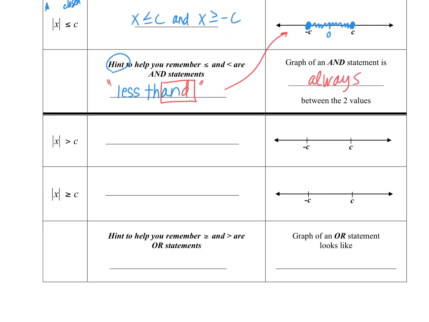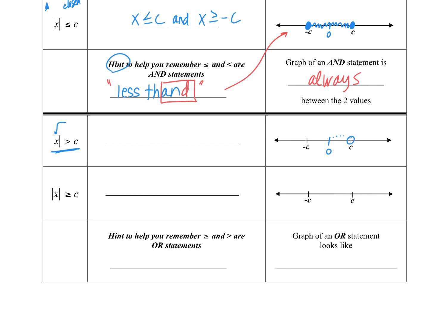Now, difference here. This one I'm saying the absolute value of x is greater than c. So if I was thinking about that again as my distance from 0, I'm telling you here that my distance has to be bigger than c. So I can't have any of these values in between 0 and c.